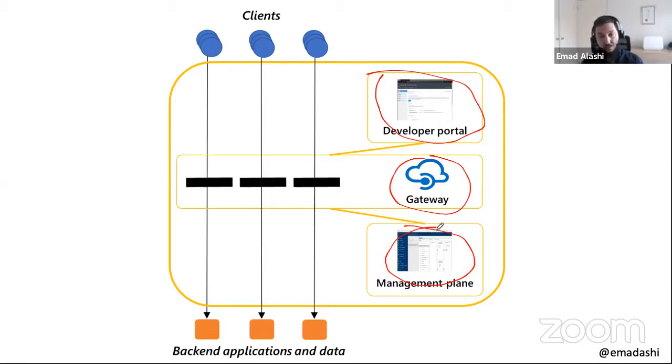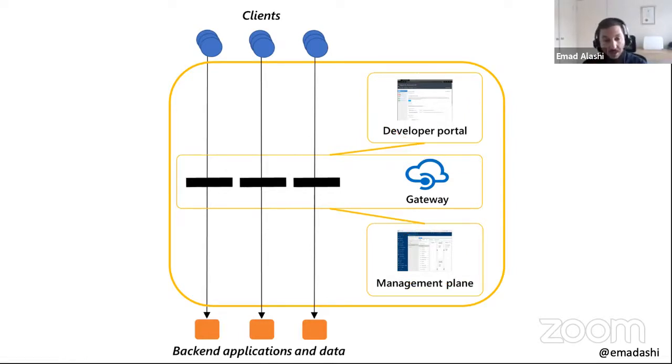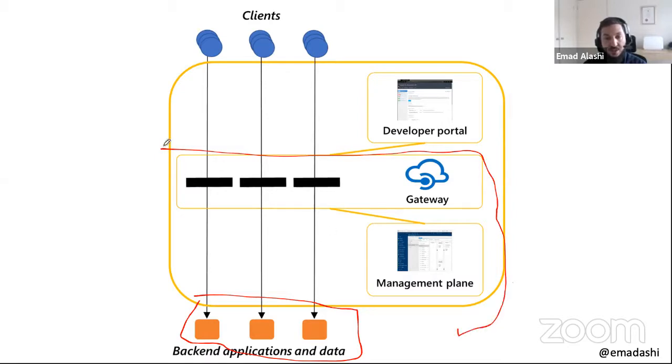So all of this is beautiful and very nice. If your APIs are sitting in Azure and the application gateway itself is also in Azure, you probably have no problem.